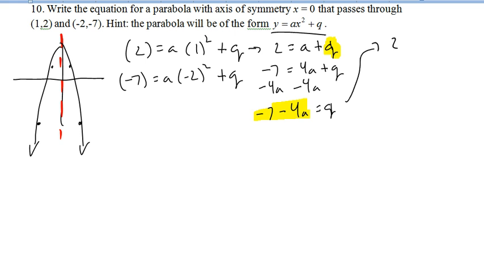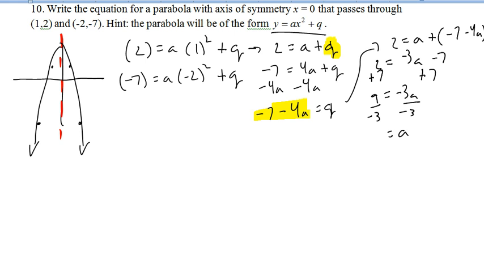So that's going to give us 2 equals a plus (-7 minus 4a), or 2 equals -3a minus 7. Add 7 to both sides. We get 9 equals -3a.